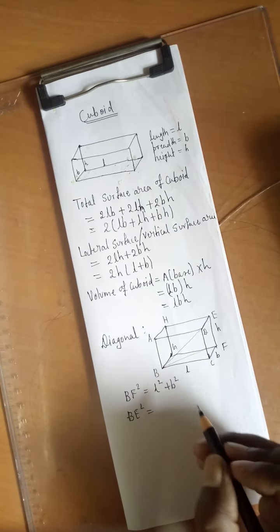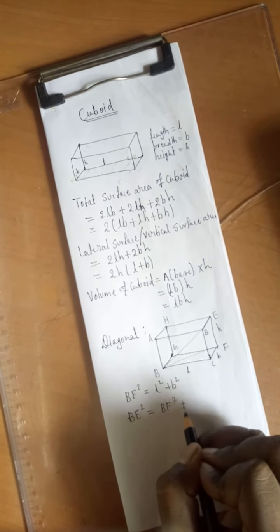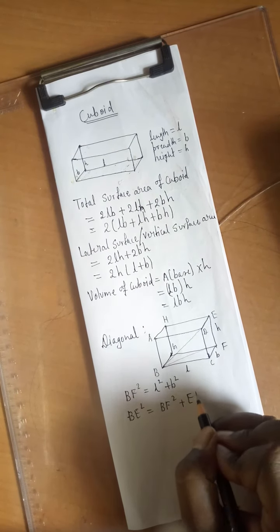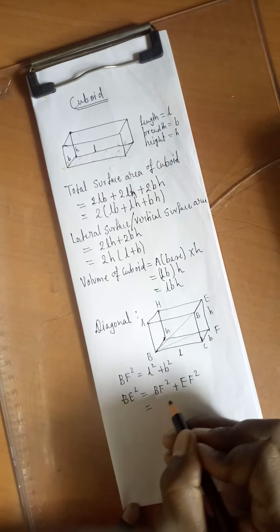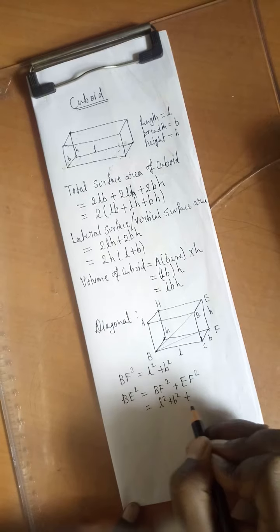So BE square will be BF square plus EF square, right? So in this case we already have the value of BF square: L square plus B square. What is EF square? That is H square.